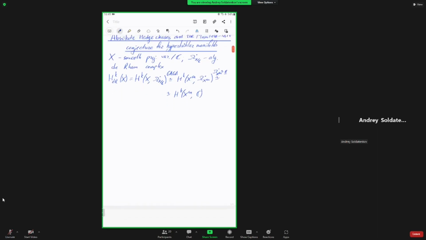So this is the natural comparison isomorphism.